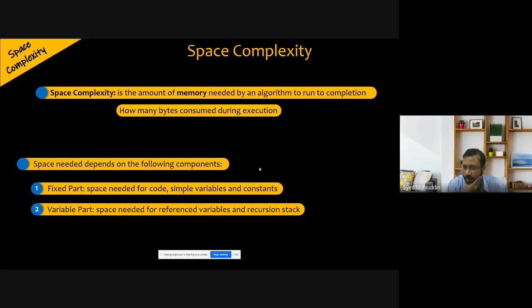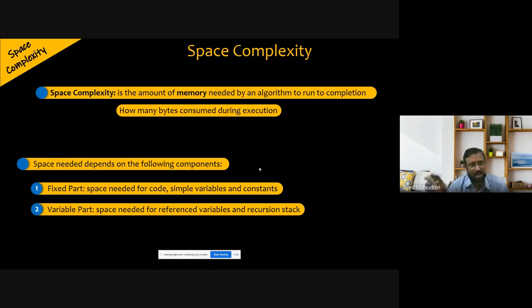Then there is a variable part. This variable part is nothing but all the referenced variables, as well as the recursion stack. Now, don't get confused here with respect to recursive algorithms and the recursion stack. When a recursive algorithm runs, separate memory will be allocated for each recursive call.